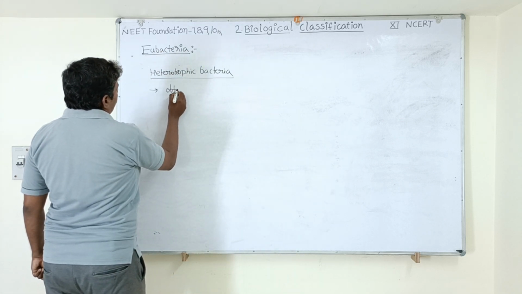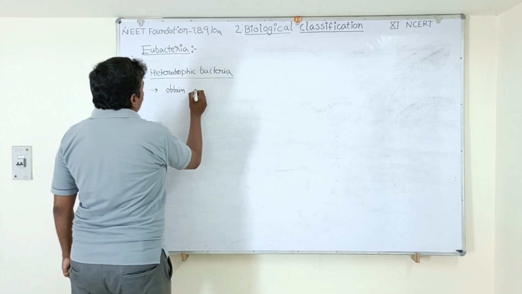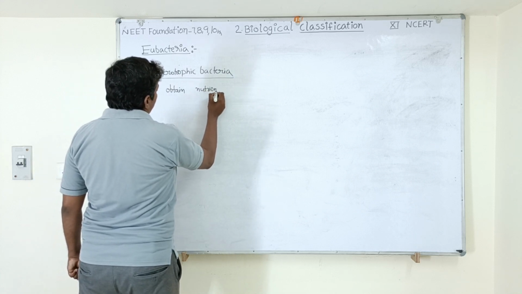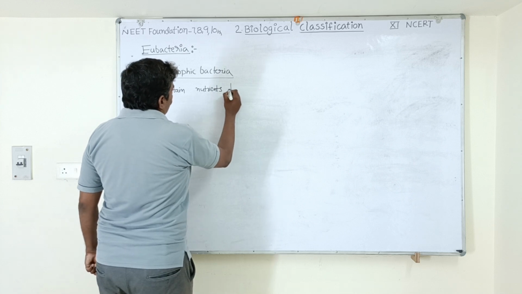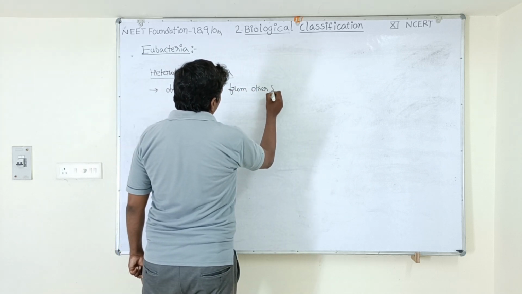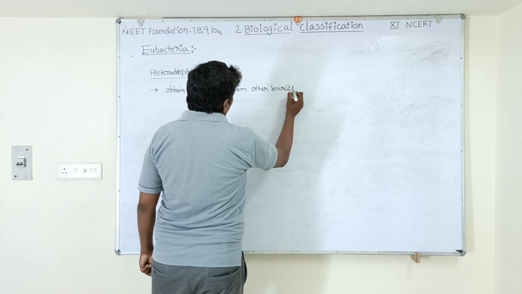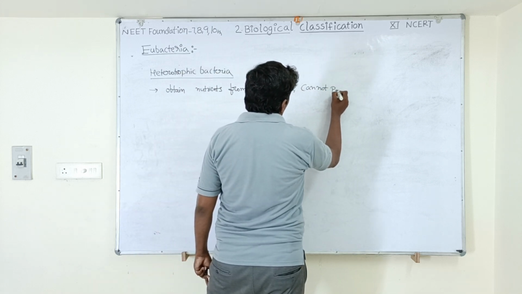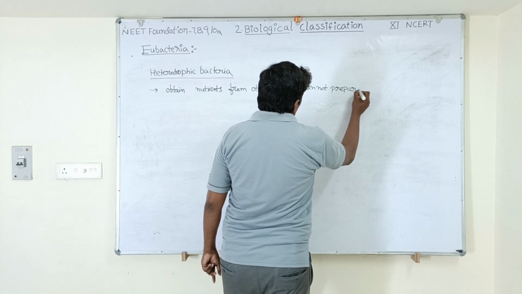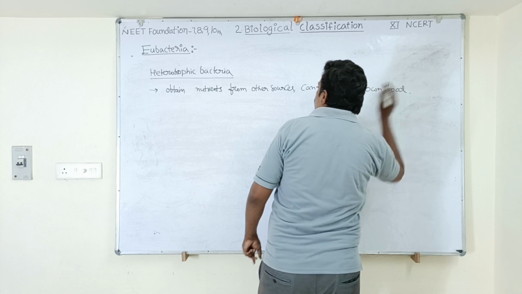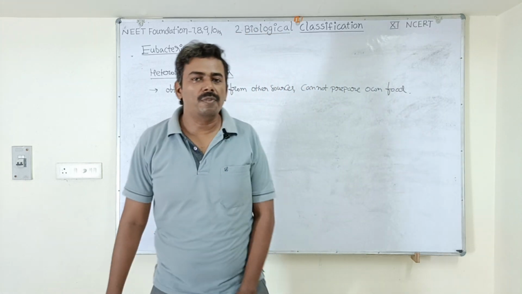They obtain nutrients from other sources and cannot prepare their own food. Such bacteria are called heterotrophic bacteria.